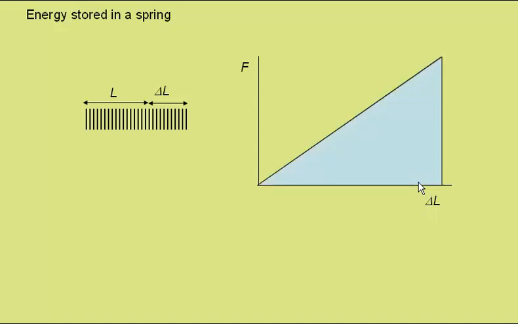So if we find the area under the graph here, which is half force times extension, this will give us the energy stored in the spring. So we can write that the energy in a spring is half force times extension. Note the energy isn't the total final force multiplied by extension, as the force actually increases as the spring extends.